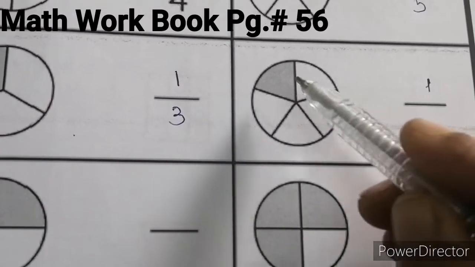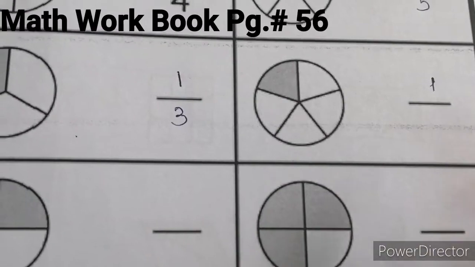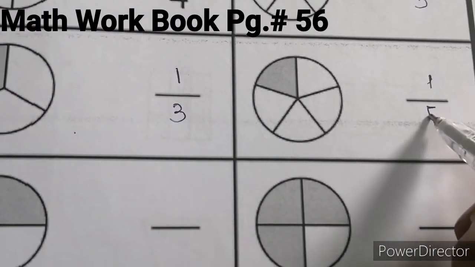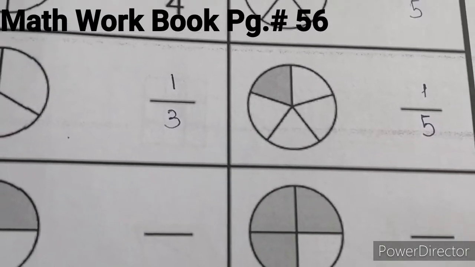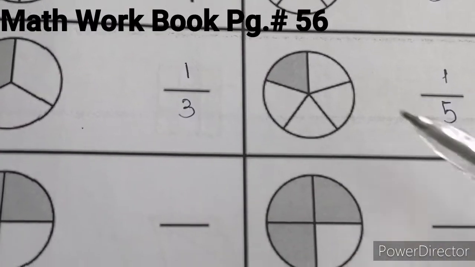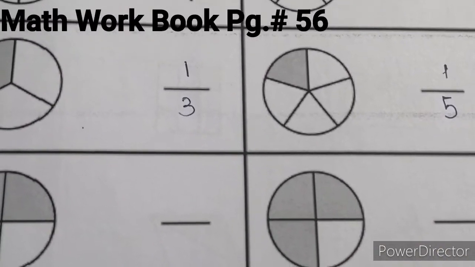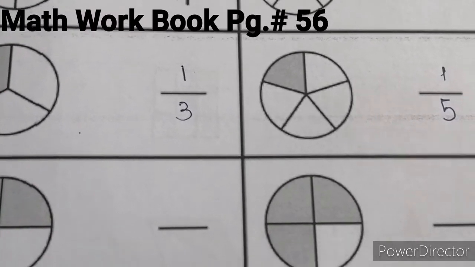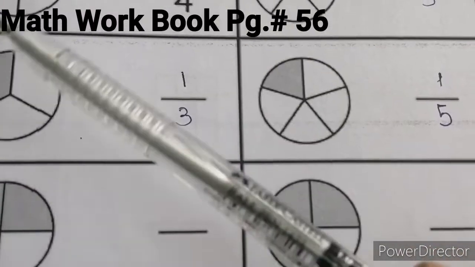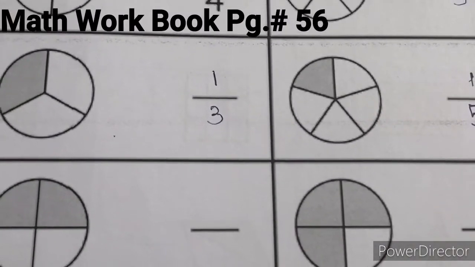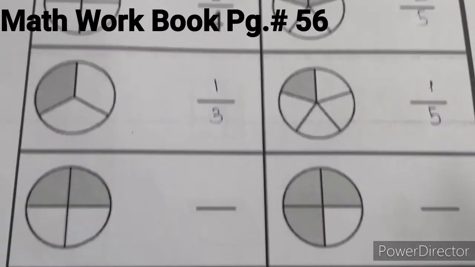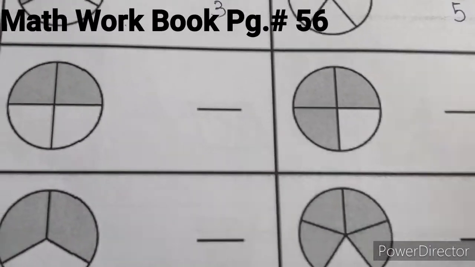So 1, 2, 3, 4, 5. 5 parts we have in total. So that is 1/5. Now tell me, is this a unit fraction or a non-unit fraction? 1/3, 1/5. They are unit fractions because the numerator is 1. Only one part is shaded in that. Okay. Now let's go to the next line.